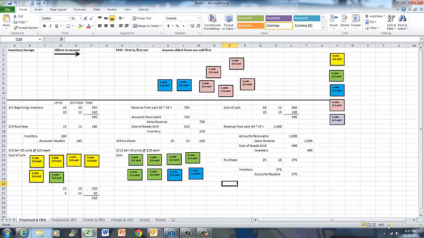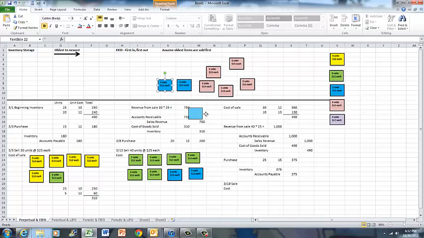another 20 units on March 19th. So, we're going to sell our 20 units. We have to calculate the cost of the sale. So once again, under our FIFO assumption, we're going to assume that we sell our 20 oldest units.